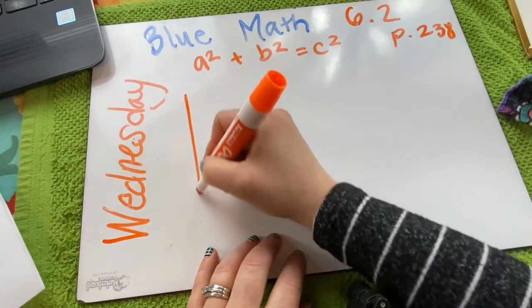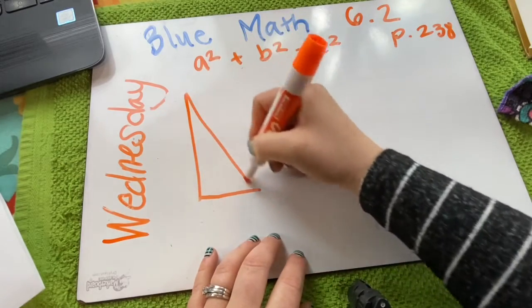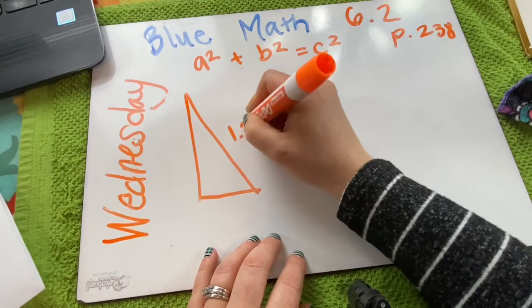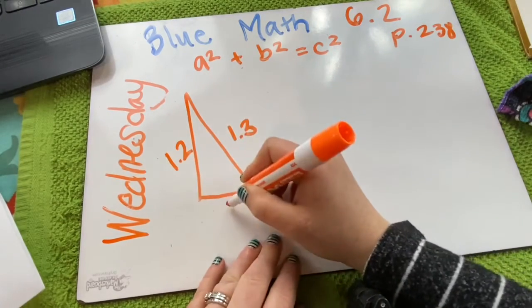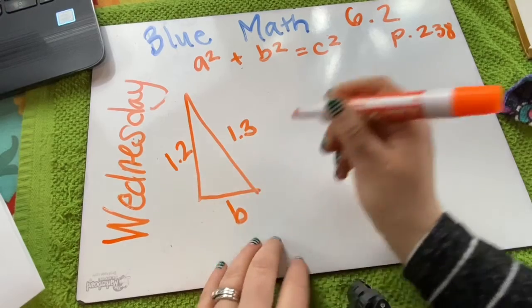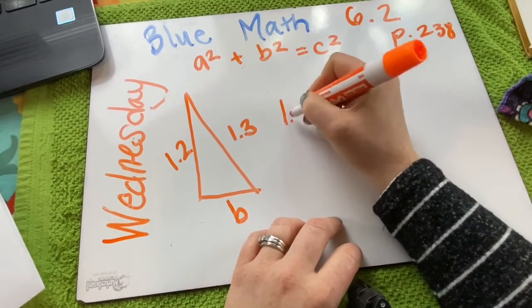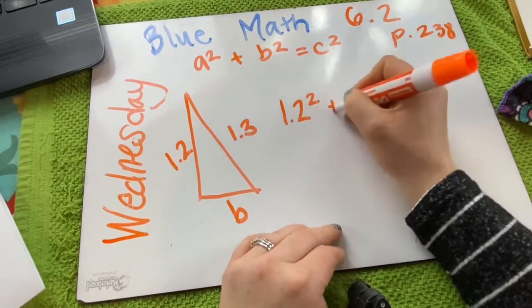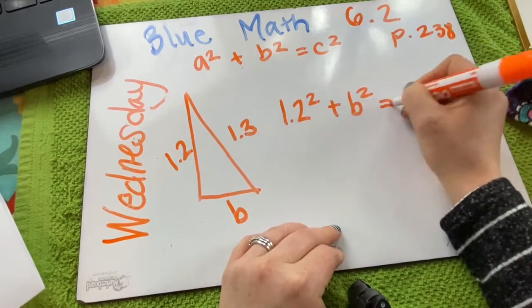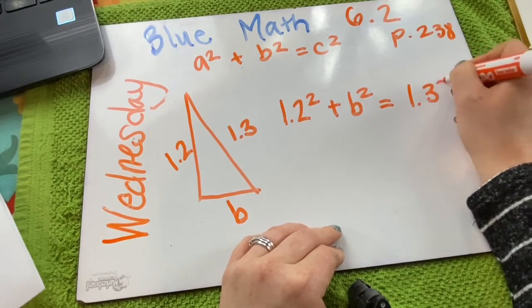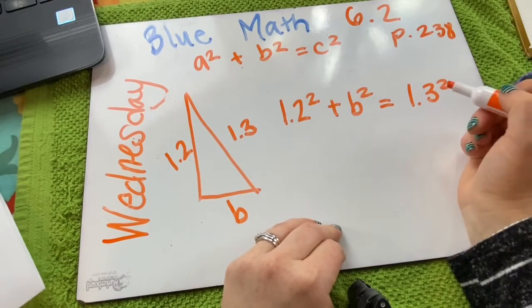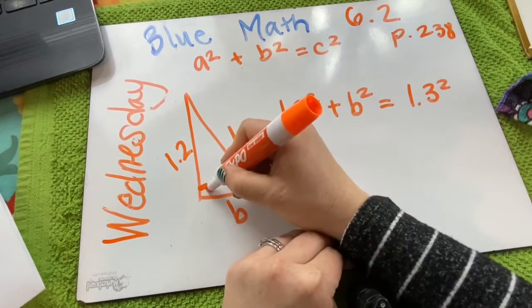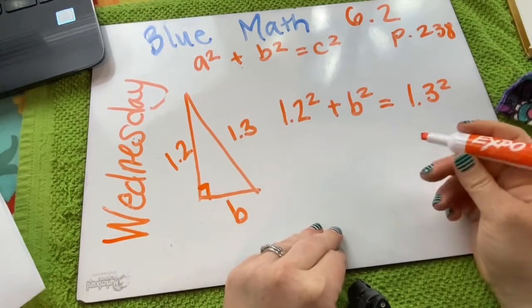I'll do this one. So this is 1.3. Remember, that's like 13. And this is 1.2. And this is B. Okay, so you have 1.2 squared plus B squared equals 1.3 squared. Remember, the long one is always this one. And this will always have that little square like that.